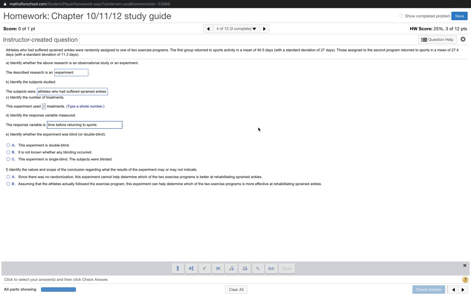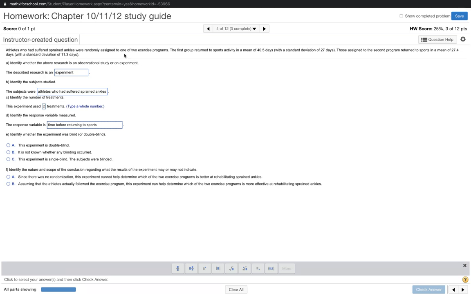Identify whether the experiment was blind or double blind. Remember, blinding means that the participants, the subjects, don't know which group they've been assigned to until after the fact. Double blind means that the participants and the judges, both of those groups, don't know which groups the participants were assigned to until after the fact.